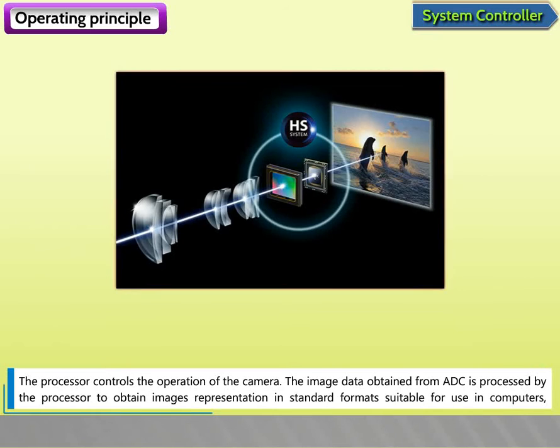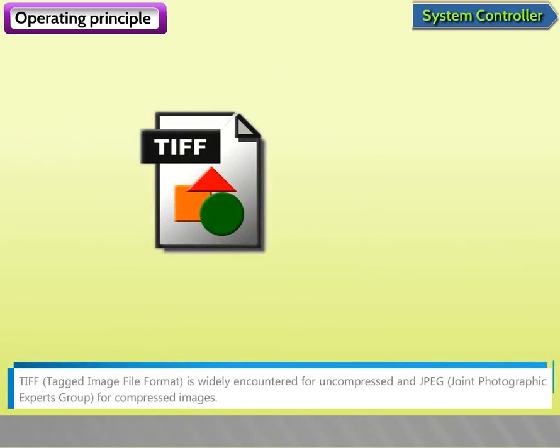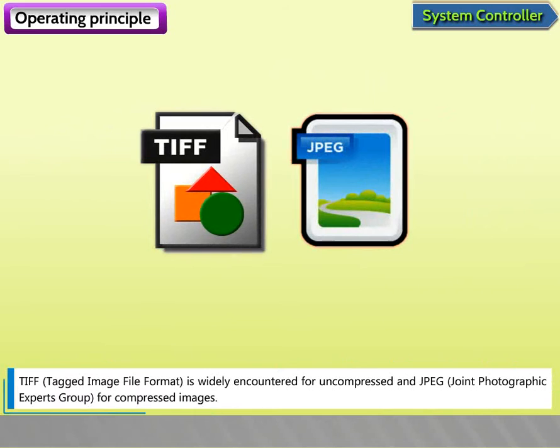The image data obtained from ADC is processed by the processor to obtain image representation in standard formats suitable for use in computers, printers, display devices, etc. TIFF, that is tagged image file format, is widely used for uncompressed, and JPEG, that is Joint Photographic Experts Group, for compressed images.